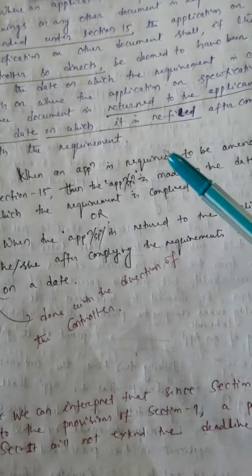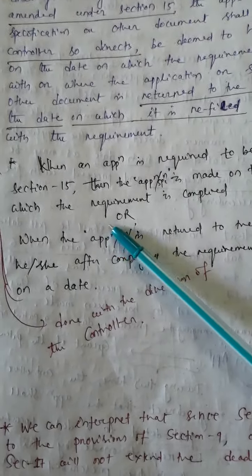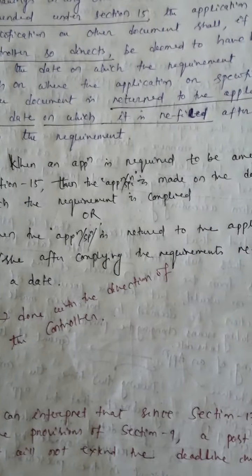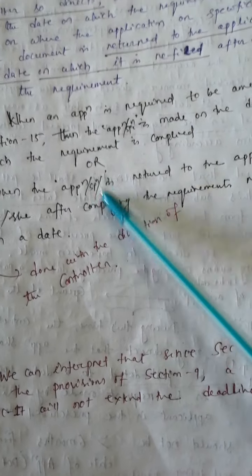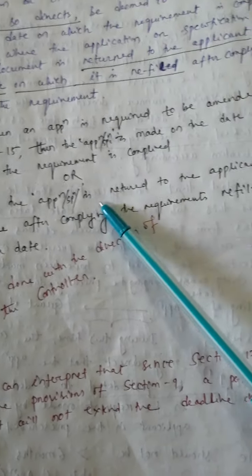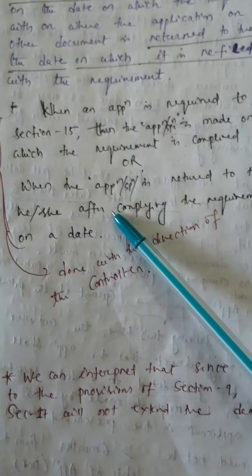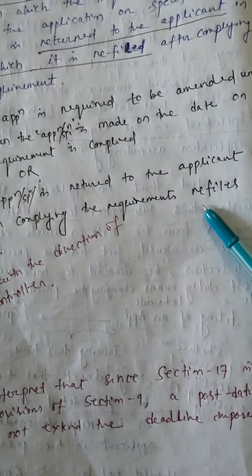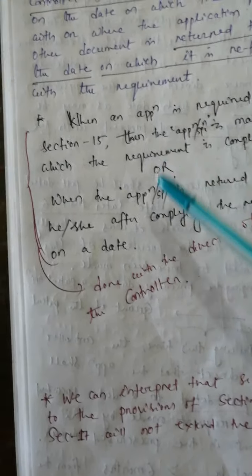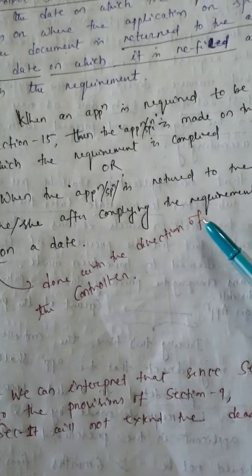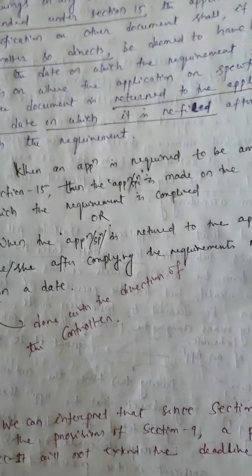That means every time all type of corrections are made, the requirement is complied. Or whether the application or the specification or the document is returned to the applicant and he or she, after complying with the requirement, refiles on a particular date. And all these things are done according to the direction of the controller. This is the simple gist of this subsection.